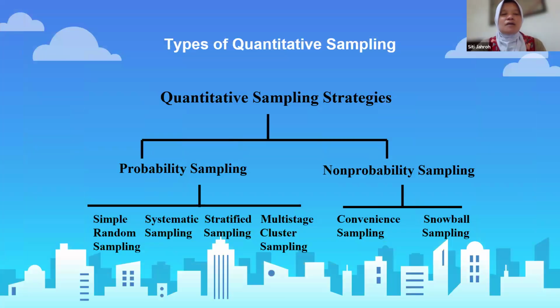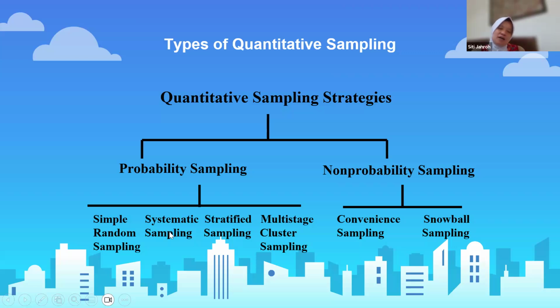Probability sampling examples include simple random sampling, systematic sampling, stratified sampling, and multi-stage cluster sampling.